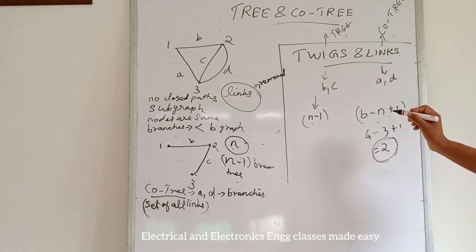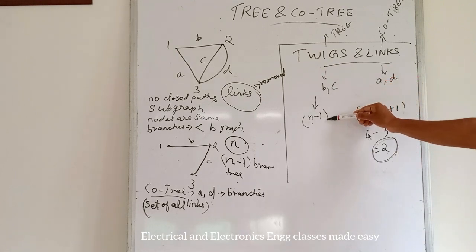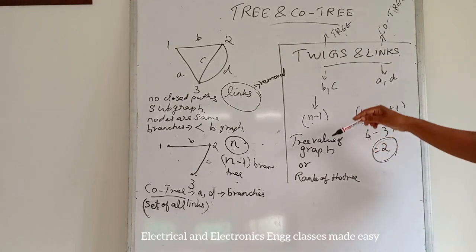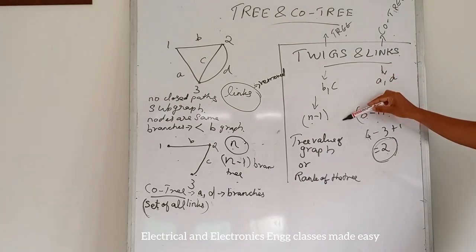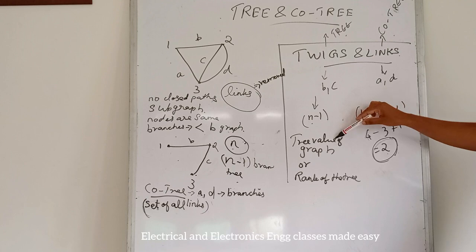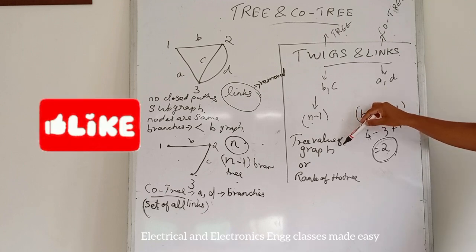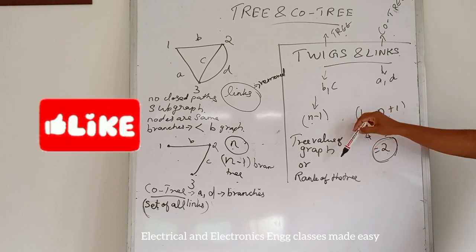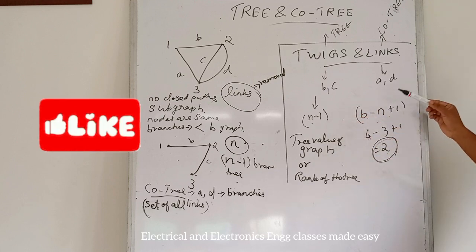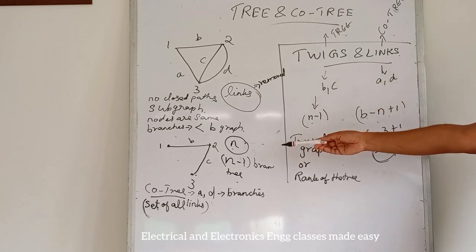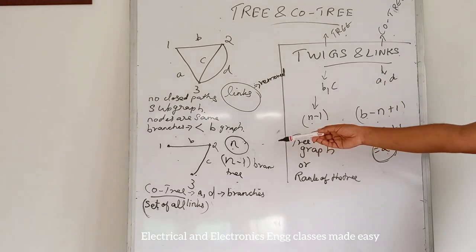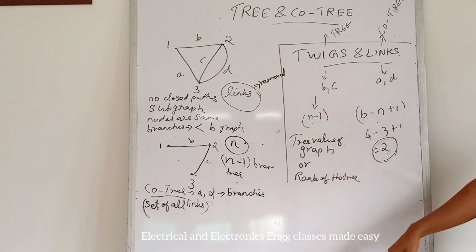And the number of twigs is known as the tree value of the graph, also called the rank of the tree. And if a link is added to the tree, then the resulting graph contains one closed path called a loop.